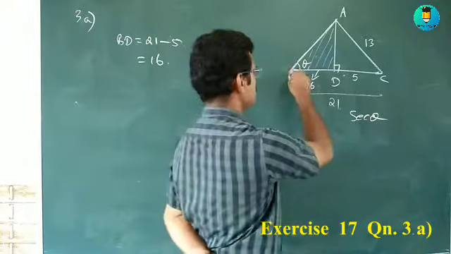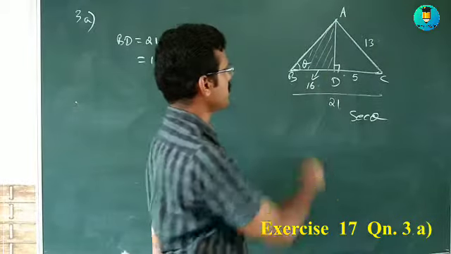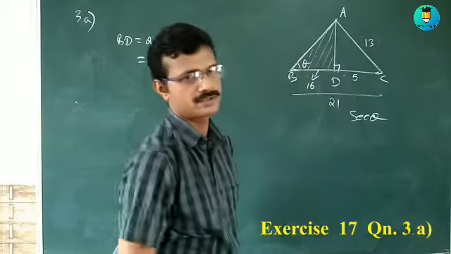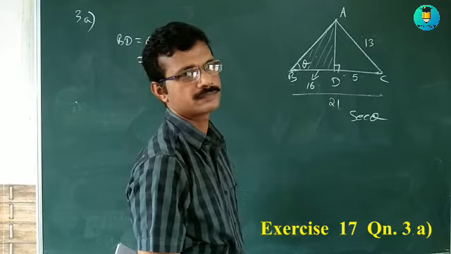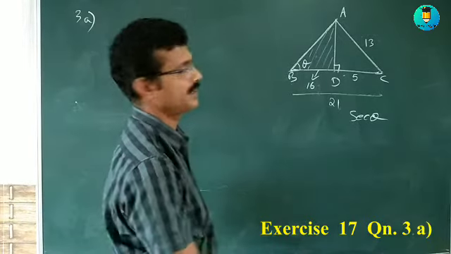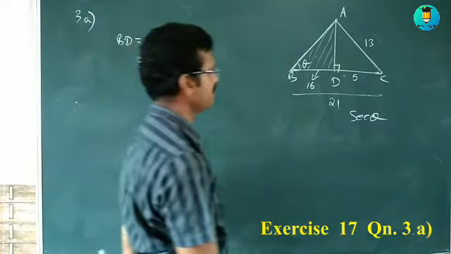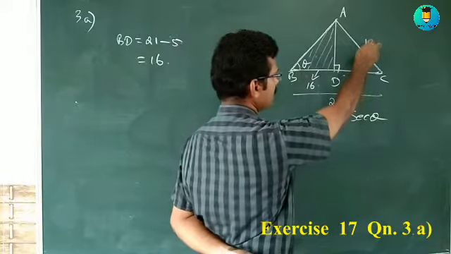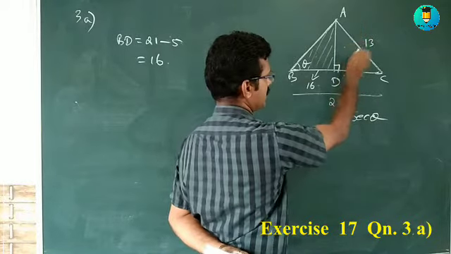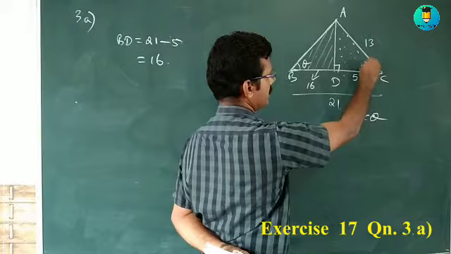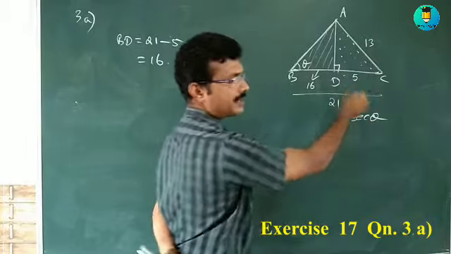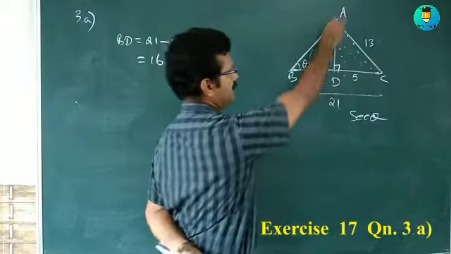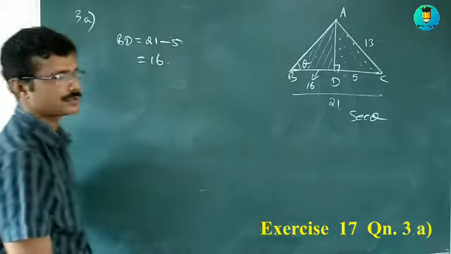Now with respect to this right angle triangle, AB is the hypotenuse. AB I need. So how can we find AB? In the right angle triangle ADC, hypotenuse is 13 and base is 5, so I can find the height AD by Pythagoras theorem.